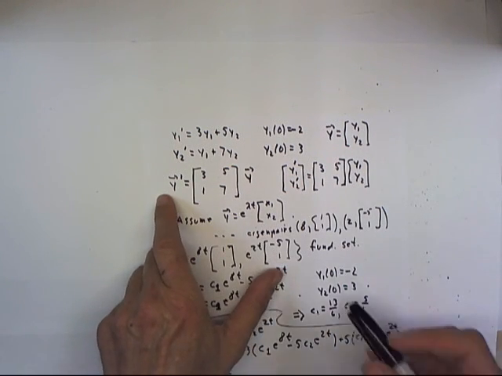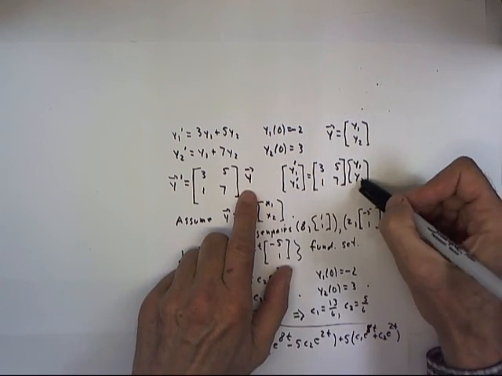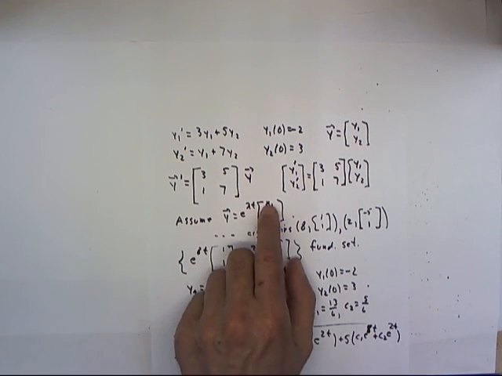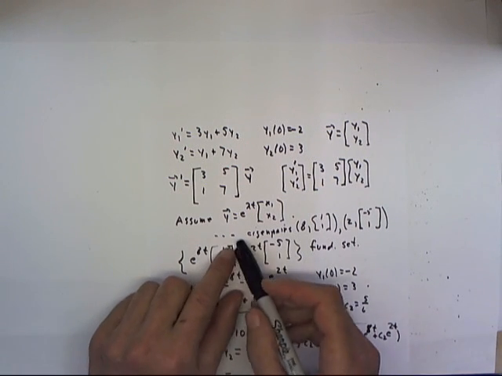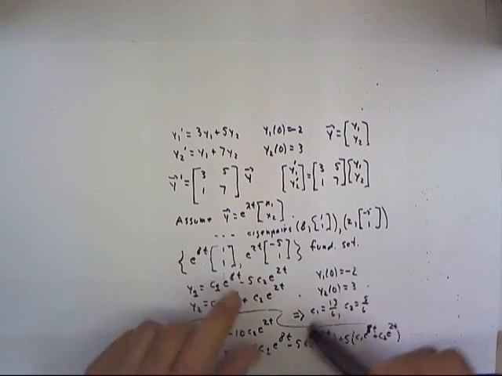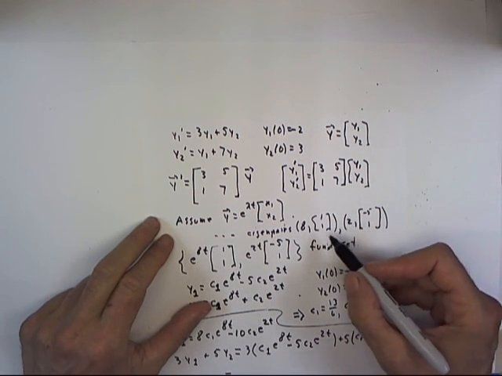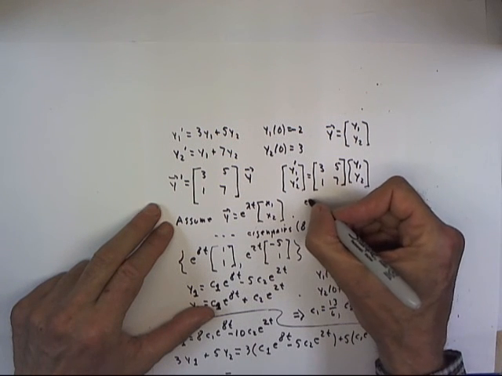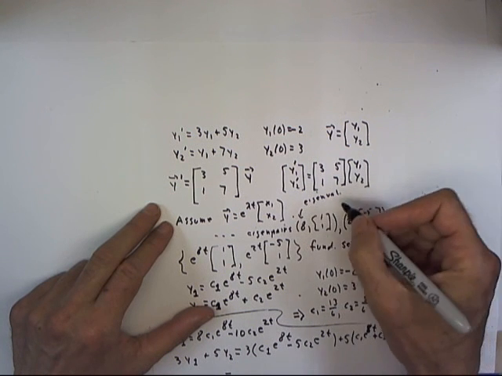That's our y vector prime equals the same matrix times our y vector, which is just the y1, y2 vector. Assuming that y equals e to the lambda t times x1, x2, and following the process, we get eigenpairs 8, 1, 1, 2, negative 5, 1. You have eigenvalue 8, eigenvalue 2, eigenvector 1, 1, eigenvector negative 5, 1. So that's an eigenvalue.